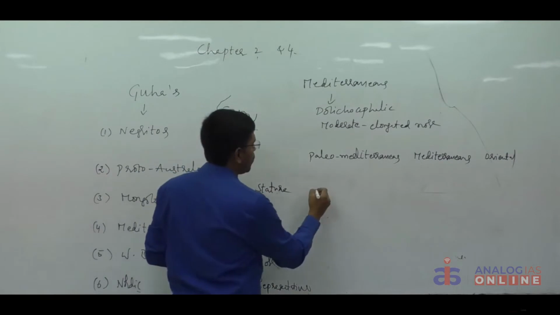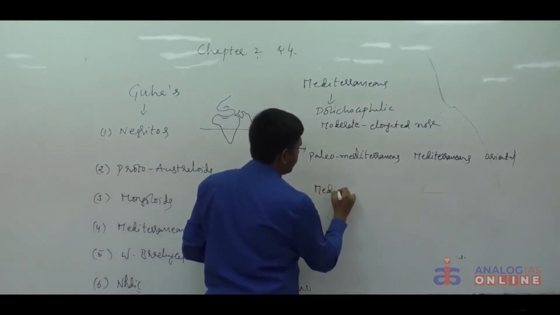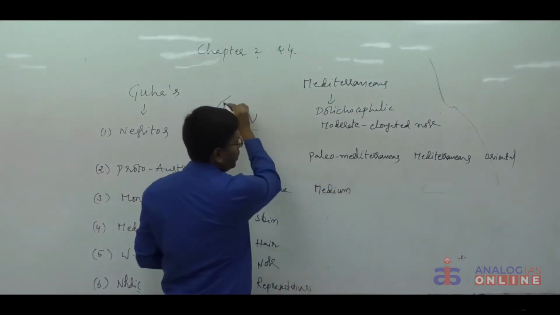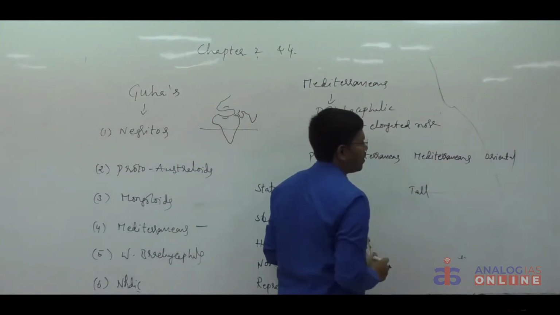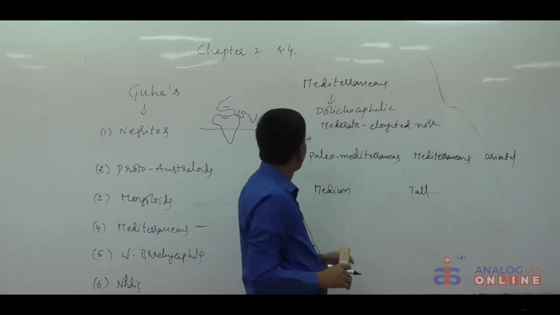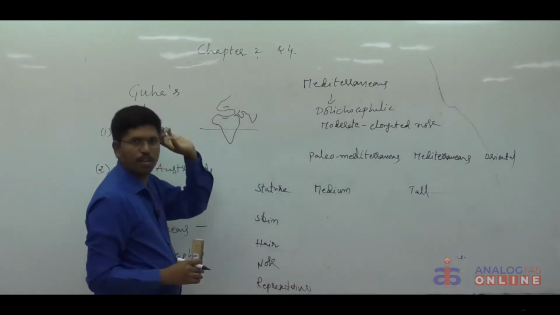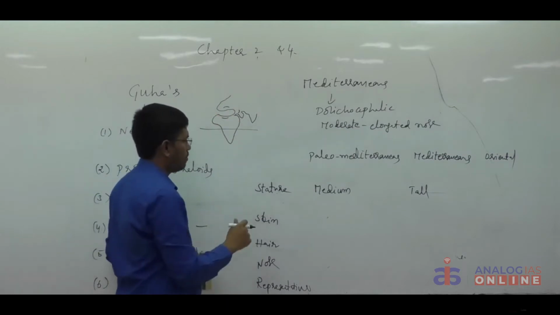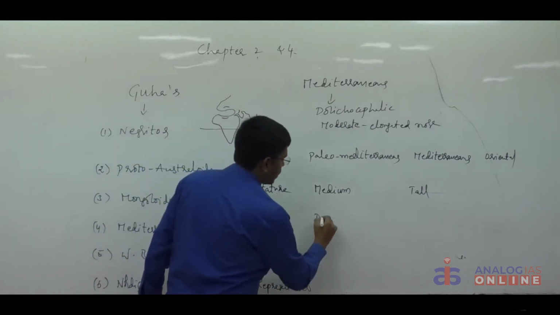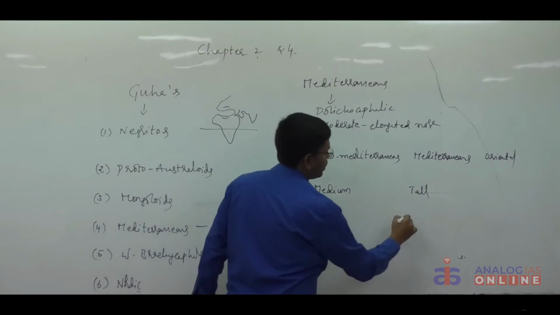That's why in Paleo-Mongoloids, medium stature is there. In true Mediterraneans, tall stature is there. Forget about the third one. We are going to discuss these two comparatively. And here hot environment, here cold environment. That's why here they have dark color, here they have light color.